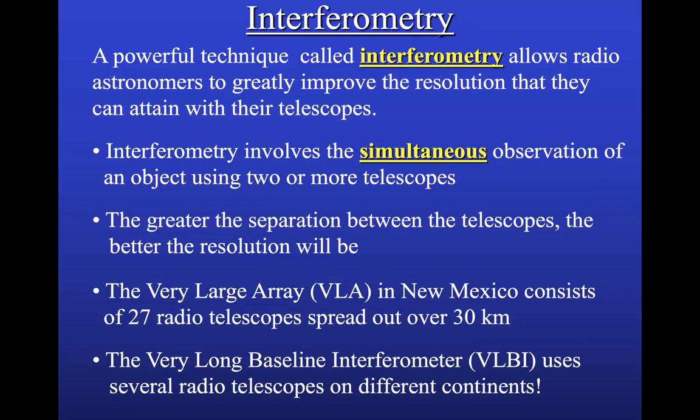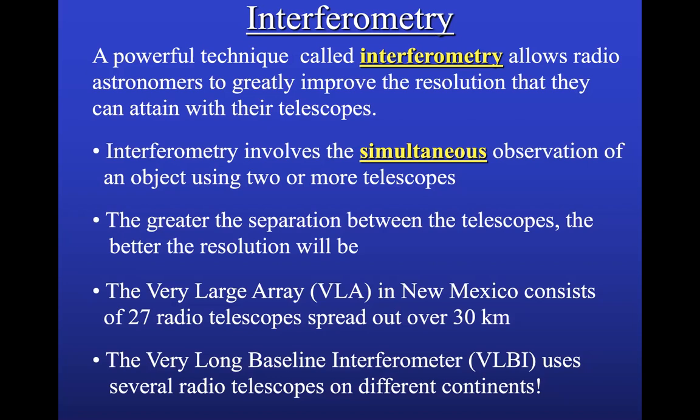Instead of having one single telescope, they use a series of telescopes for observations, and then they collect all these waveforms to make one signal, right? When you do this, the greater the separation between telescopes, the better the resolution. This is what physics tells us when you look at the interference pattern.